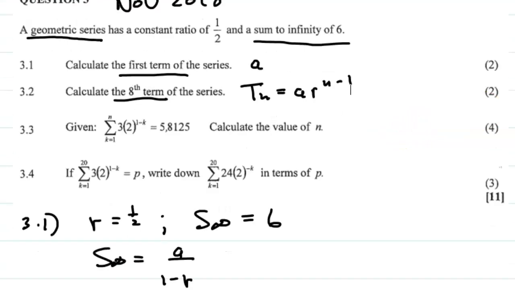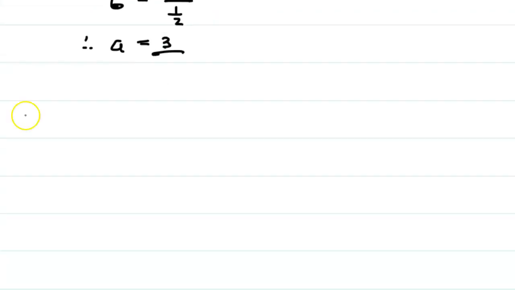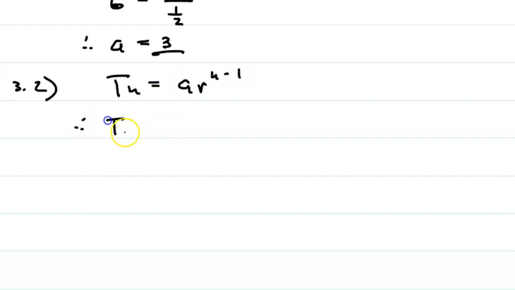For 3.2, our solution will be as follows. Let's write the formula first: Tn equals A R to the n minus 1. Therefore, T8 equals 3 times half to the 8 minus 1.